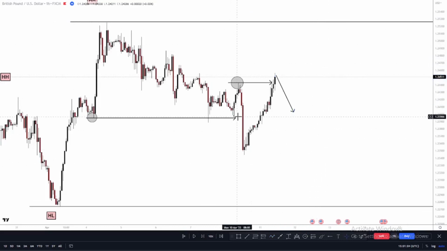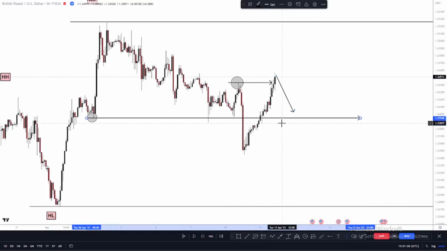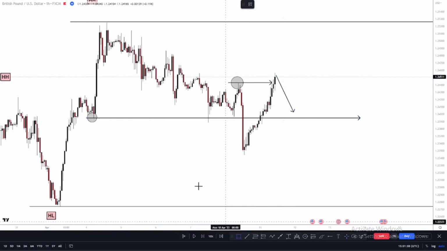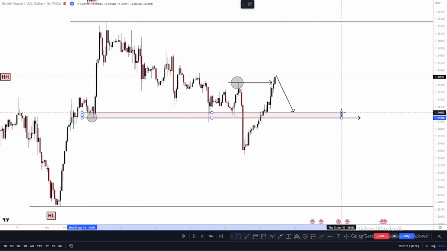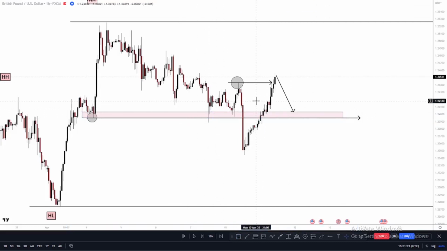Now let's see if price manages to come into our zone. I take my rectangular tool and mark this whole support as a zone in which we expect price to come back and tap into. So we go in for longs. All right, now let me hit the play button to see what price did.